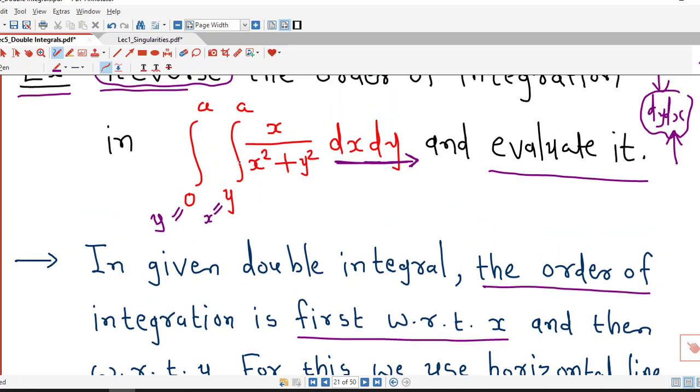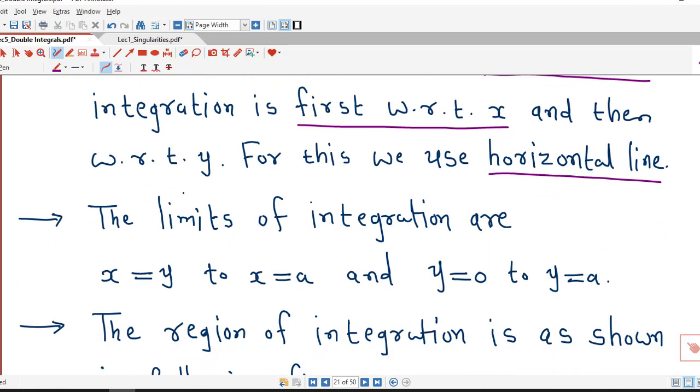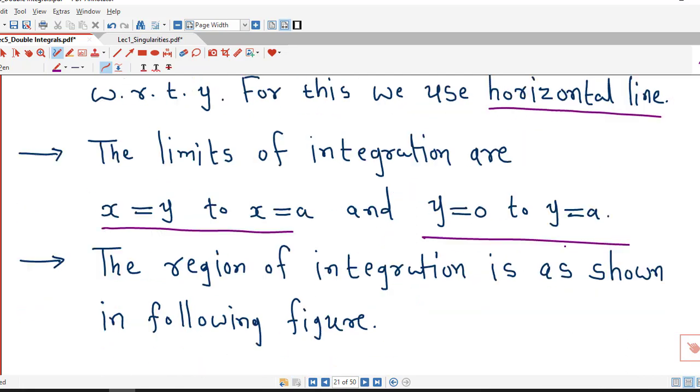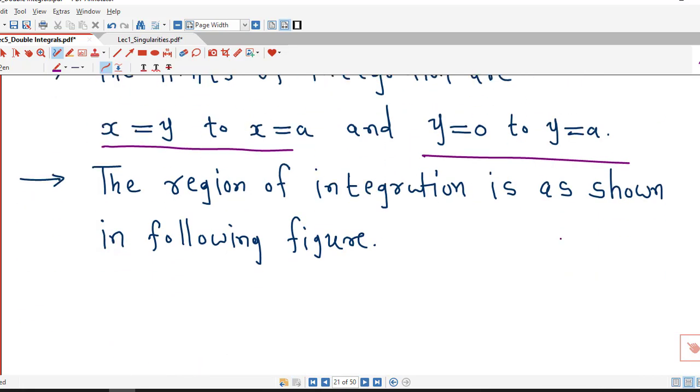Limits of integration in the given double integral are: x is from y to a and y is from 0 to a. So those limits we have written here. Now we try to sketch the region of integration. Before that we can find the intersecting points easily. x equal to y, if we put x equal to a, these two will intersect at the point (a, a).